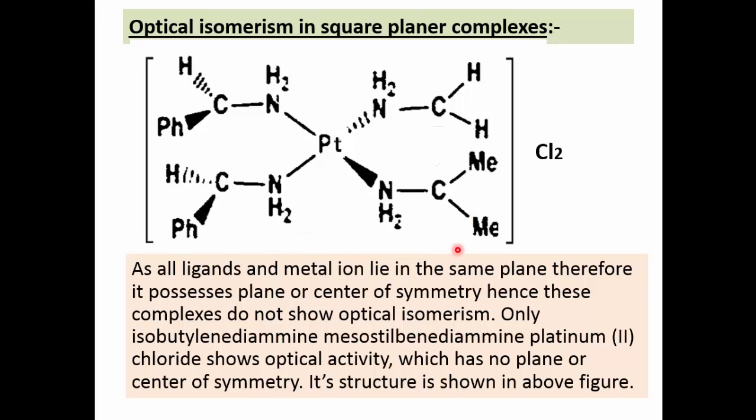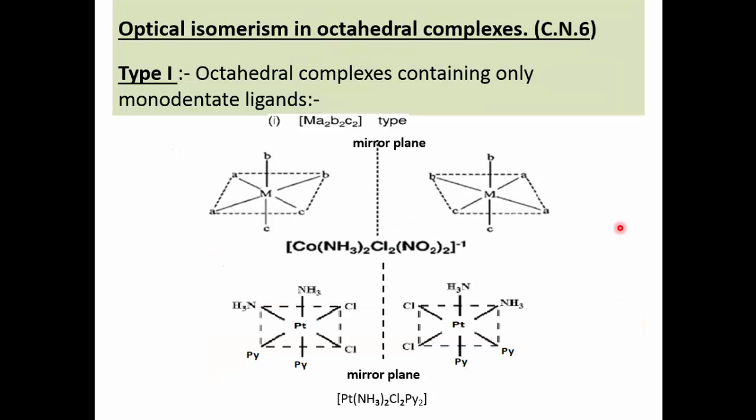This is the compound isobutylene diamine, mesostilbene diamine, platinum second chloride, which does not have a plane or center of symmetry, and therefore only this square planar complex shows optical activity, while other complexes do not show such optical activity. Again I repeat, because they possess a plane or center of symmetry.